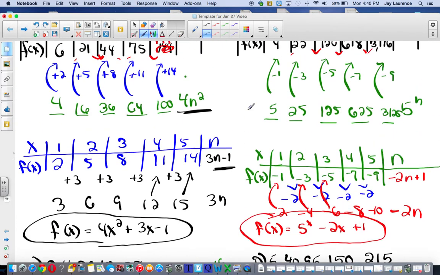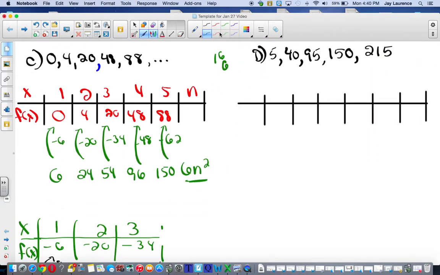All right. Okay. One more of these, and then we'll move on. So I've got x, and I've got f of x. 1, 2, 3, 4, 5, and n. And then I've got 5, and 40, and 95, and 150, and 215. And so I go looking for the first differences yet again.